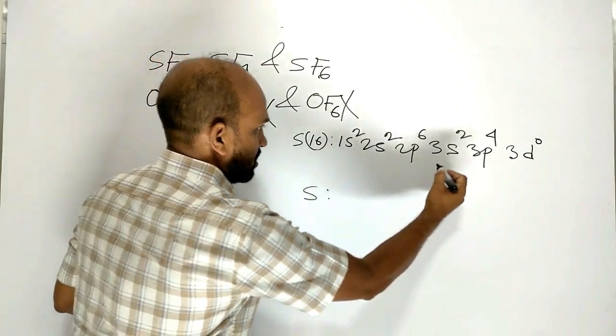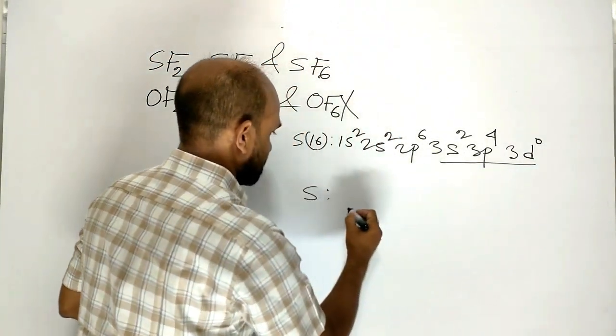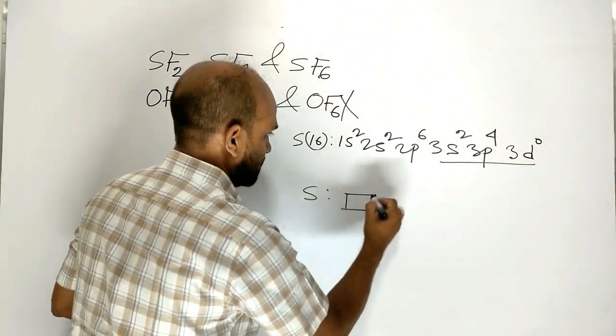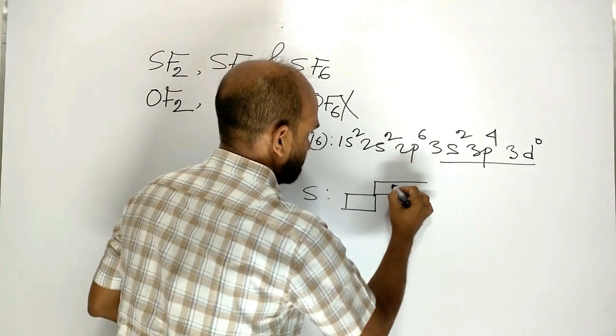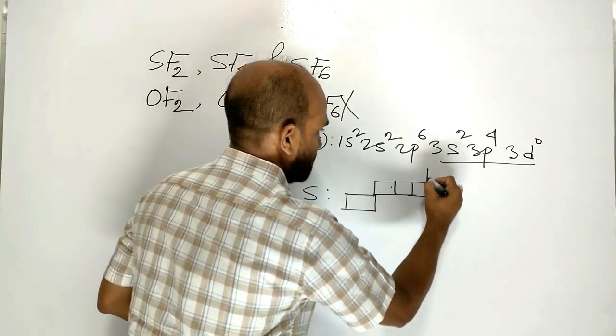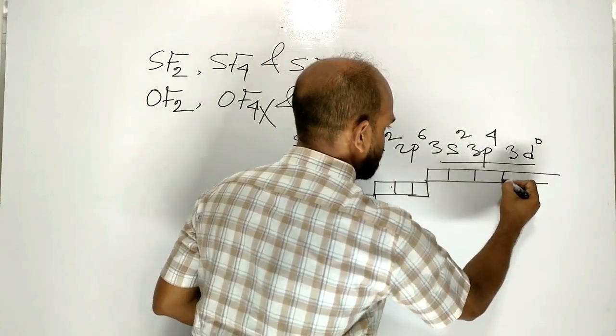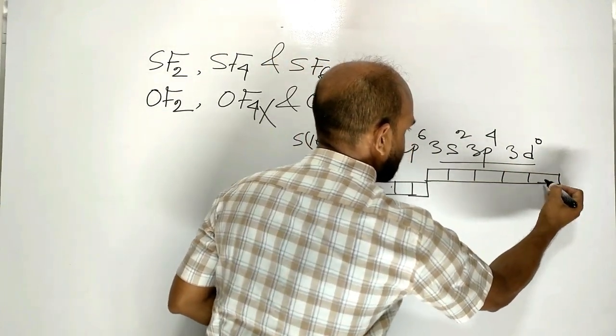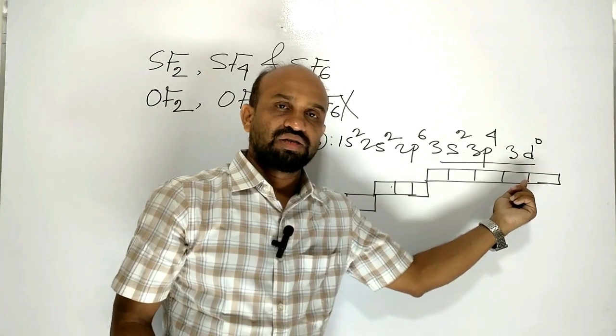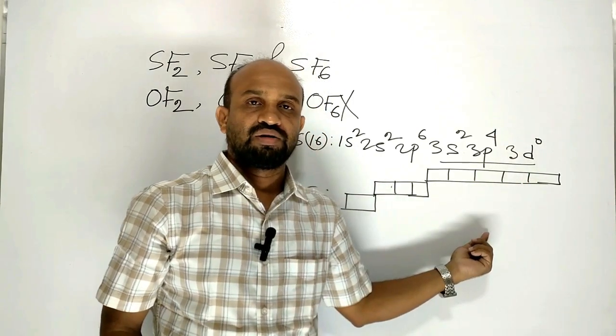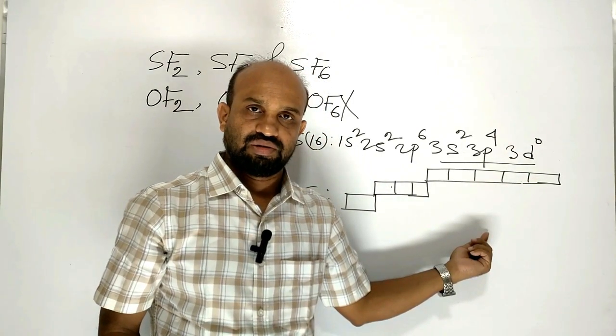Now let's write the electronic configuration of sulfur in box method. Sulfur's outermost orbitals are 3s, 3p and 3d. In the d sublevel there are 5 orbitals.